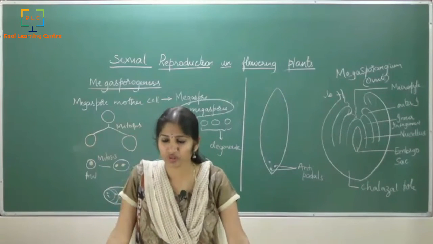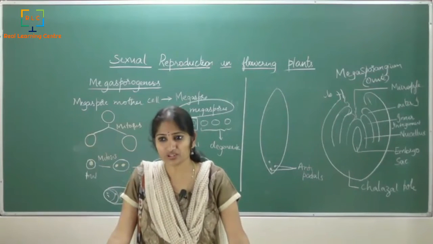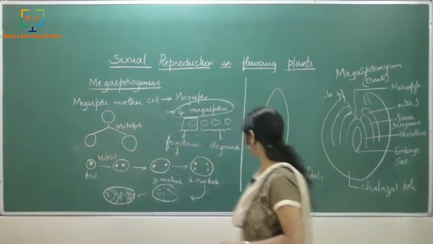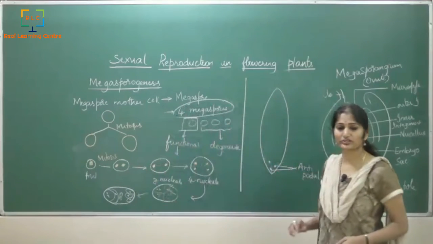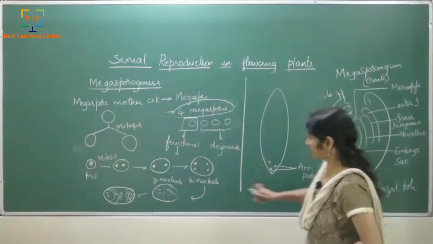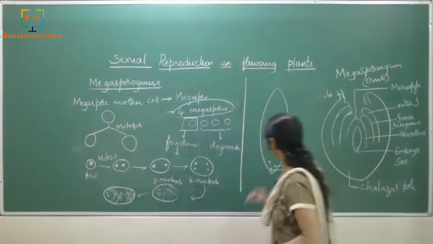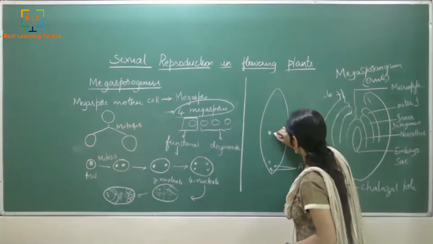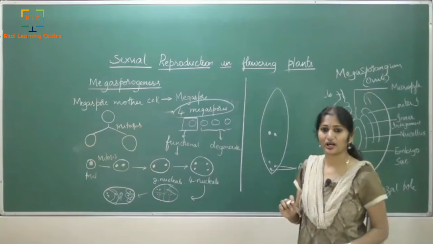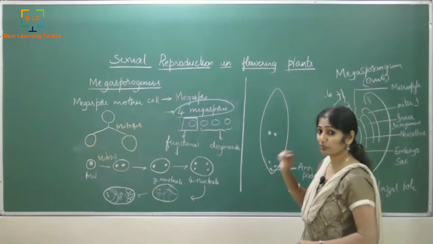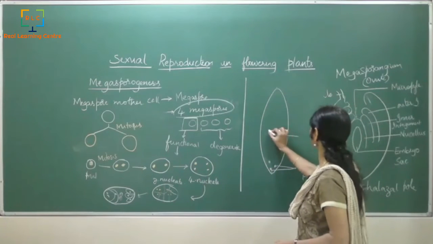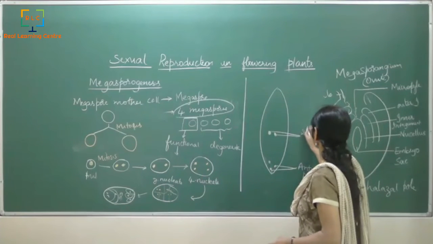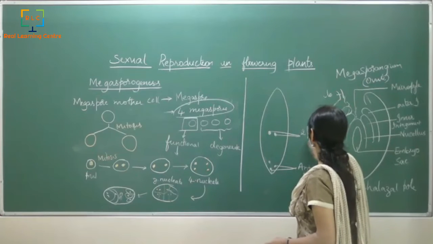Basically, it's that. So we have antipodals, the 3 nuclei which come to the chalazal region. So these are the 3 nuclei. Then there are 2 of them in the center. Let me write them here. Now these are called the polar nuclei.